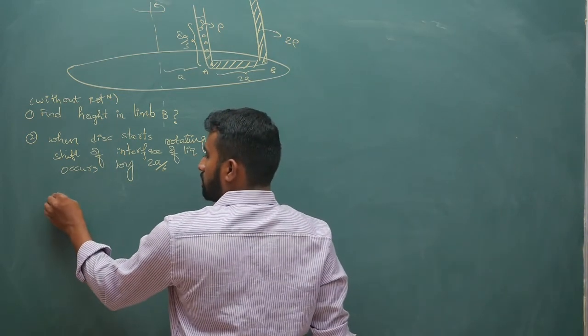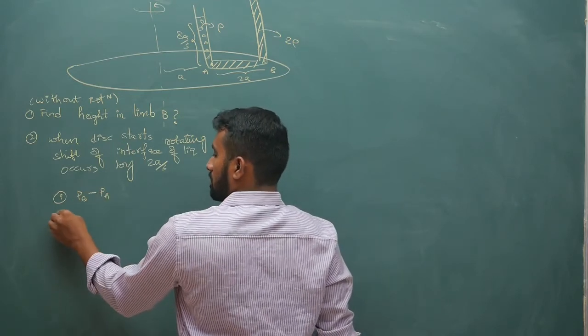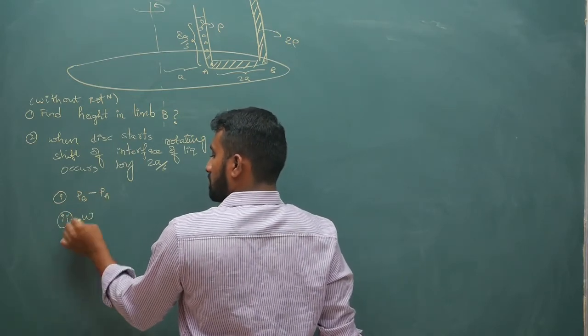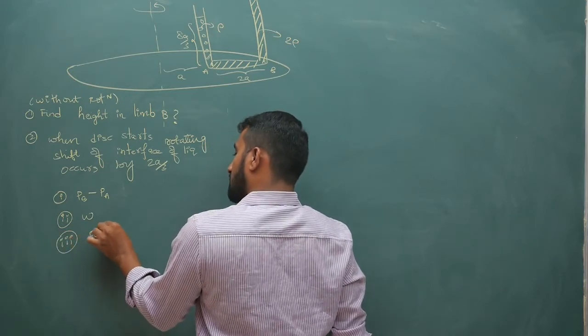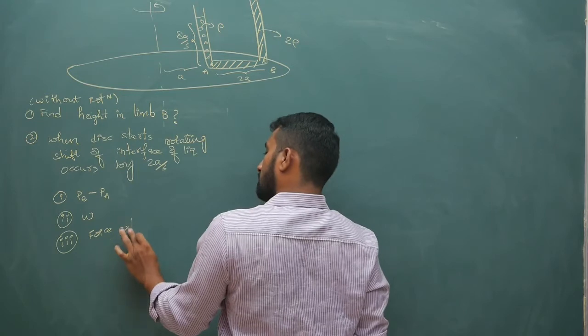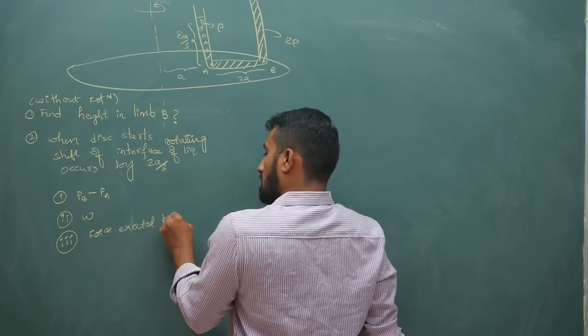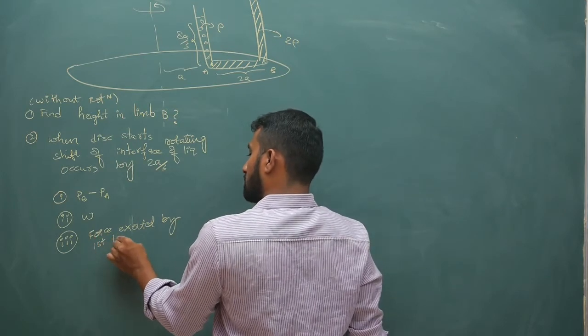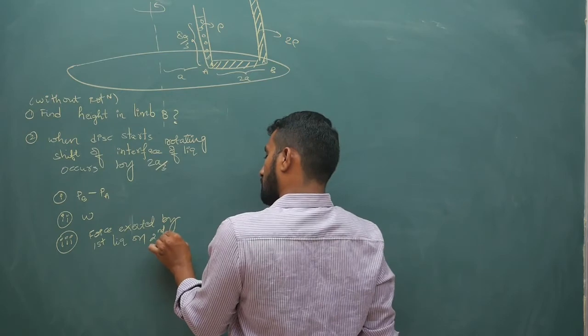Okay. You are supposed to find out Pb minus Pa, then omega, then force exerted by first liquid on second. Okay.